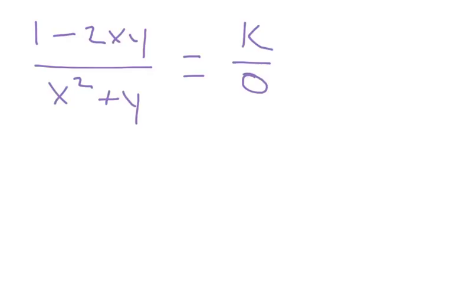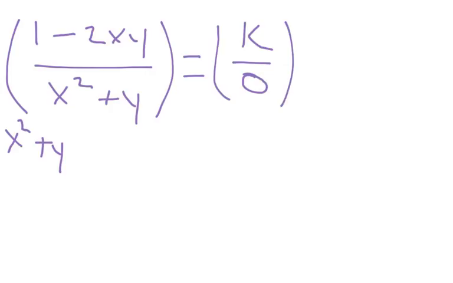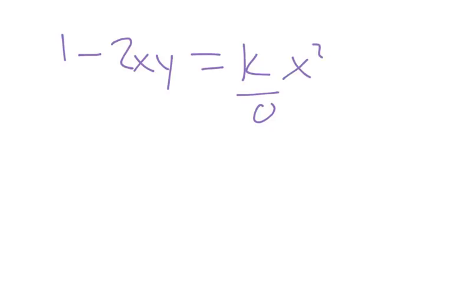So in order to get k alone, let's get rid of this fraction here first, so we're going to multiply by x squared plus y on both sides. So then that's going to equal 1 minus 2xy equals k over 0 times x squared plus y.